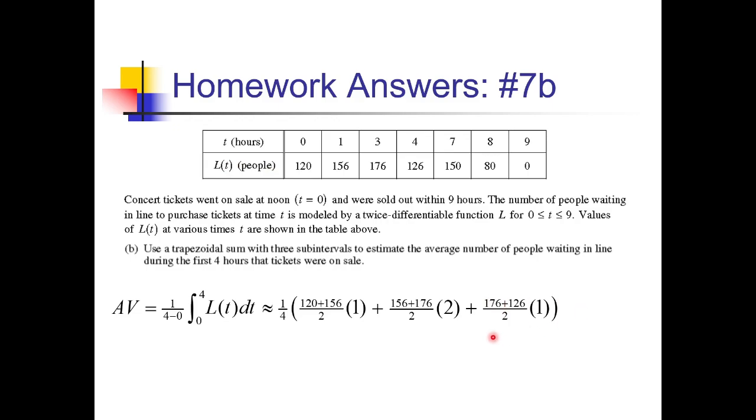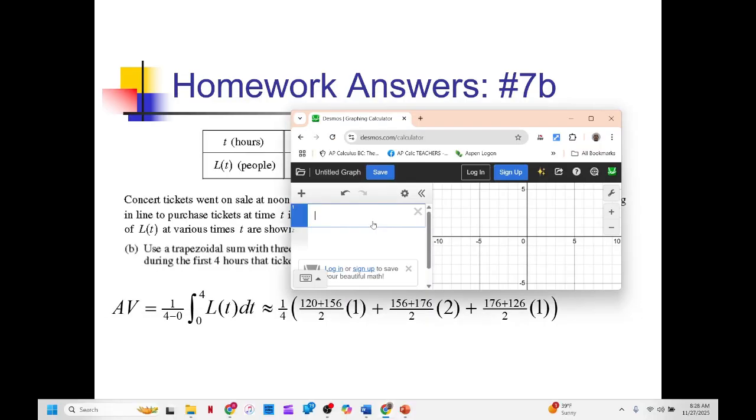But if you wanted to simplify it, you could use the calculator to do that. I don't recommend it on the actual AP exam, but let me go to Desmos and just see what the actual average is because I'm curious. So we've got 1 over 4, and then parentheses, and then fraction, 120 plus 156 over 2, and I don't need to bother writing times 1 for that one.